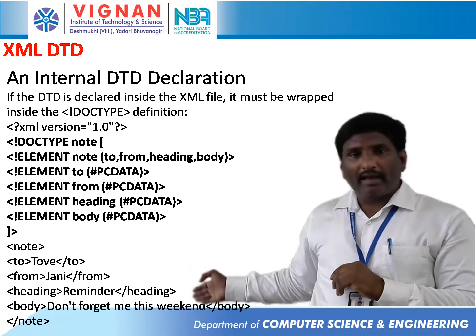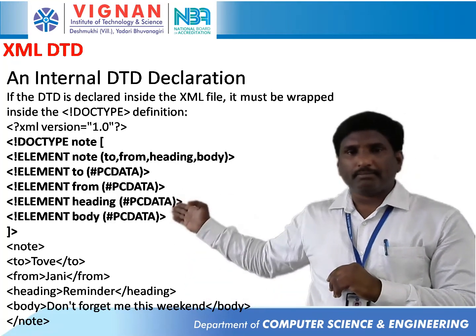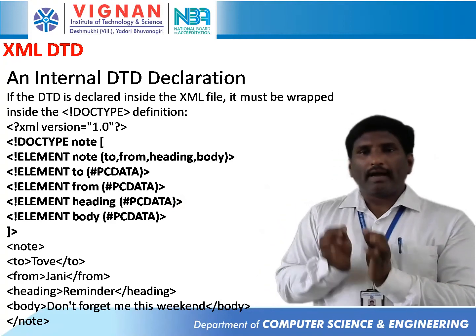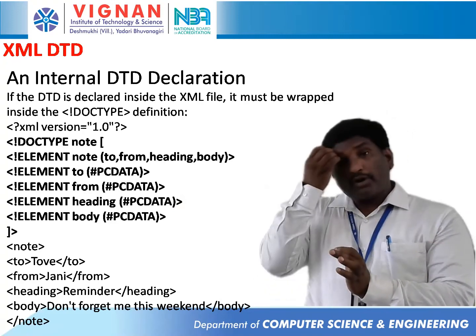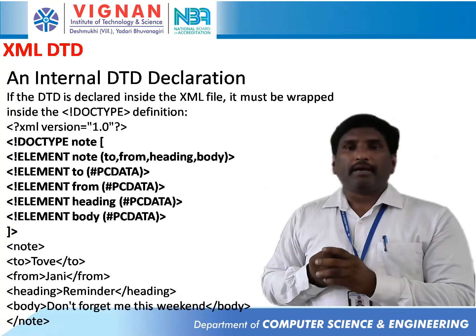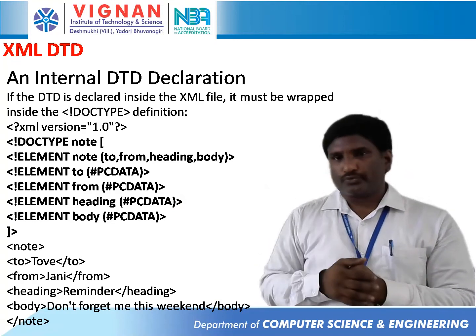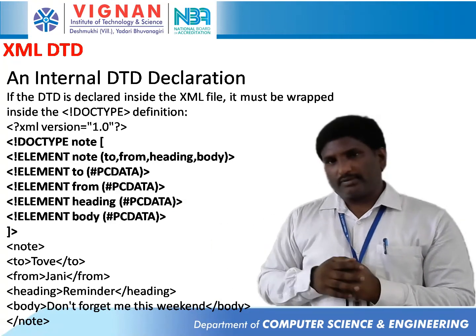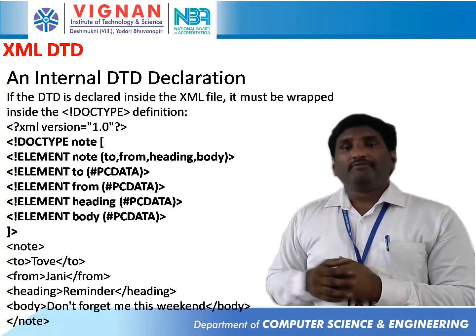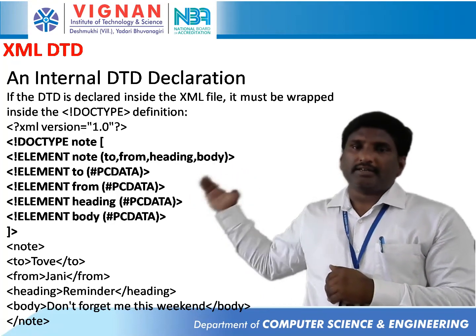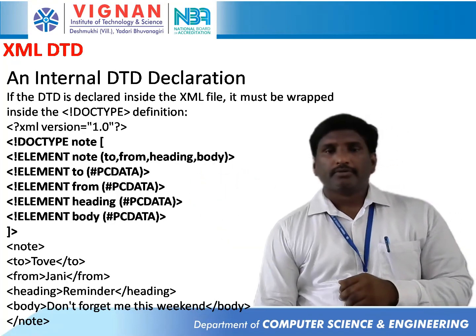It is also a valid document because it conforms to the XML DTD. So any XML document should be well formed and valid. Well formed is achieved by following the syntax rules of elements, and validity we get by using the corresponding XML DTD. Right?